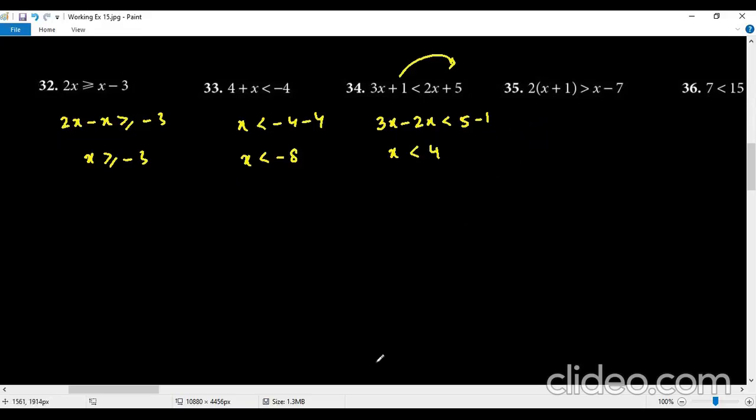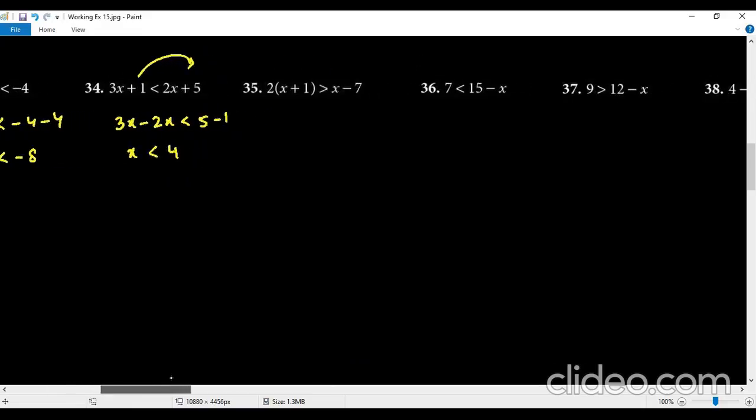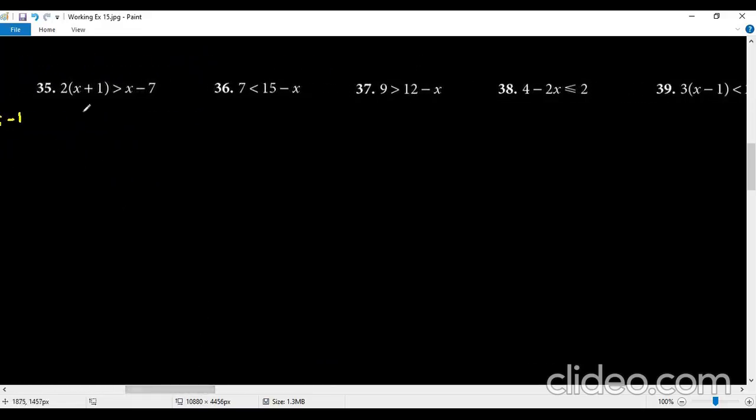Now comes question number 35. In here, what we see is 2x plus 2 is greater than x minus 7. That means 2x minus x is greater than minus 7 minus 2. That means it's going to be x is greater than minus 9.